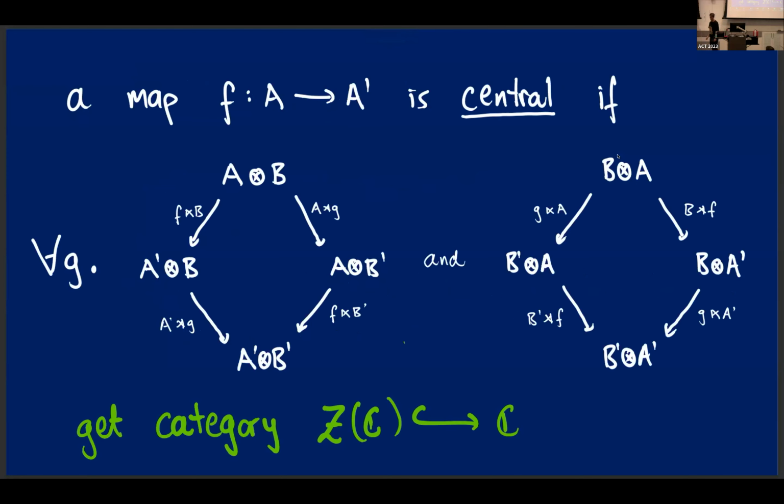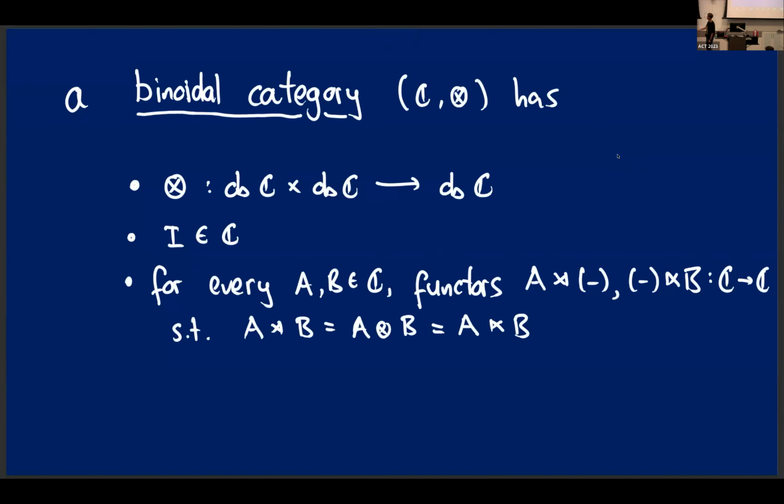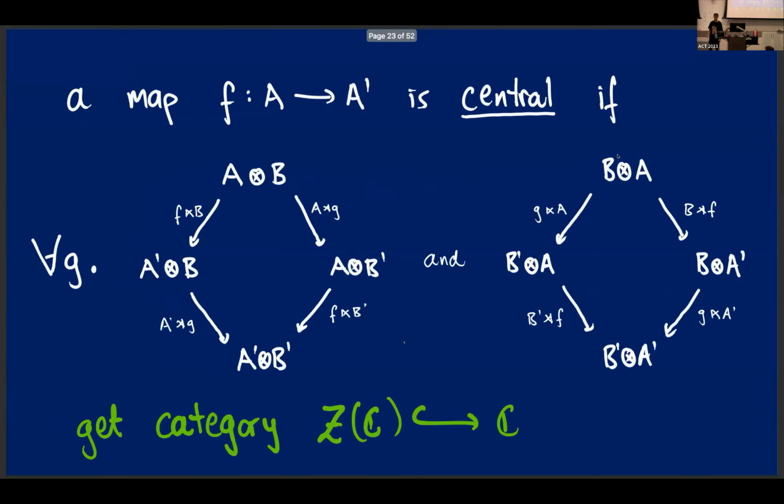What I said before is that we want something that's a bit like a monoidal structure, where the monoidal structure lives in the values, in the well-behaved maps. So I need to give some axiomatization of what those well-behaved maps are. In a binoidal category, there are things that are called central. The intuition is the same as from rings, where the central elements are the ones that commute with every other element.